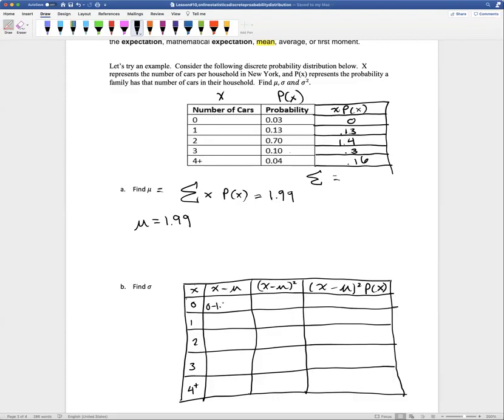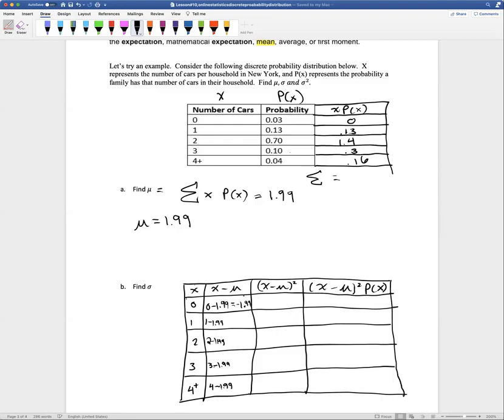Mu is 1.99. I'm going to do the same thing, 1 minus 1.99, 2 minus 1.99, 3 minus 1.99, and then 4 minus 1.99. So when you're using a discrete probability distribution, the first thing you have to do is figure out what mu is. It's the same thing that we did before when we were finding the standard deviation of a data set.